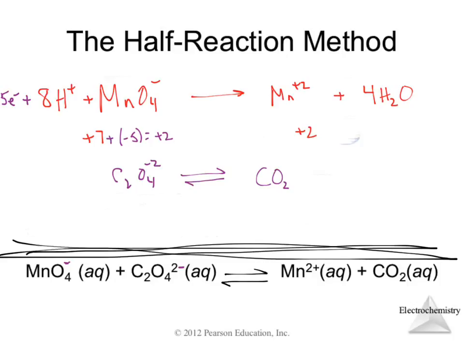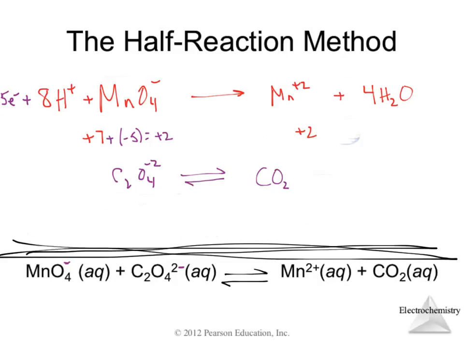That means permanganate was reduced. That means permanganate is the oxidizing agent. It caused this one to be oxidized. Which then means when we balance this one out, where do we expect to see the electrons? And it better show up on the right-hand side, otherwise we screwed something up. And if we did, just go back and check it.